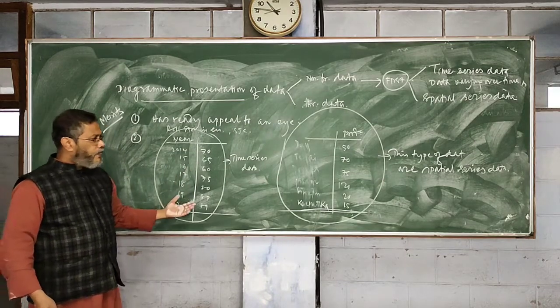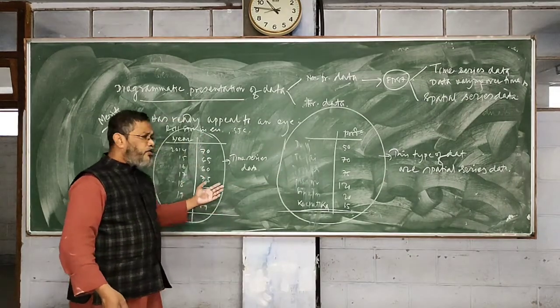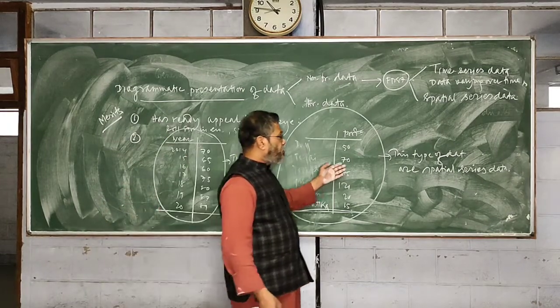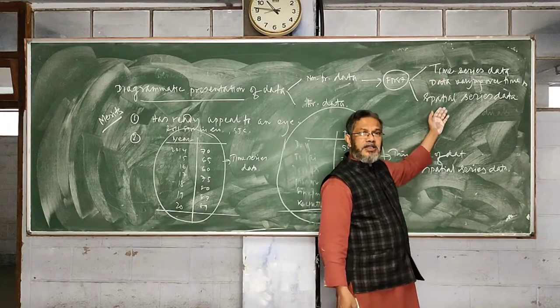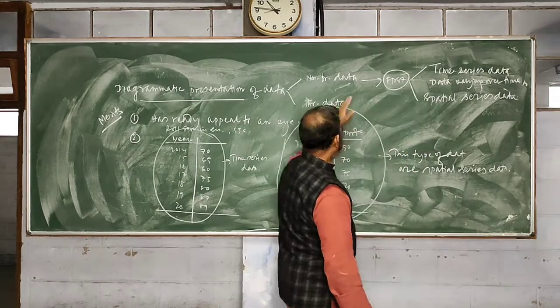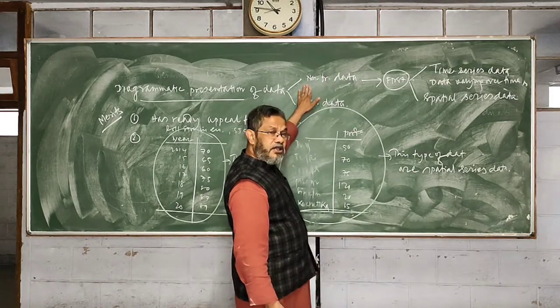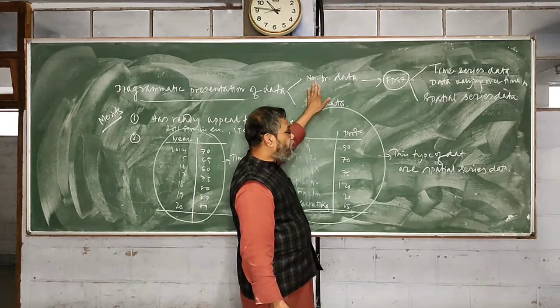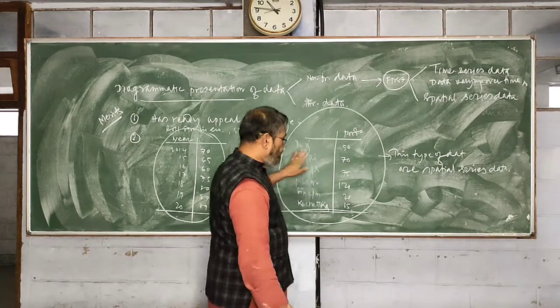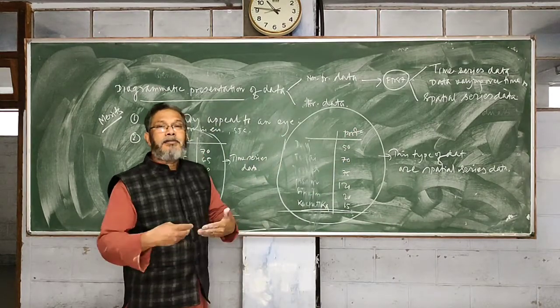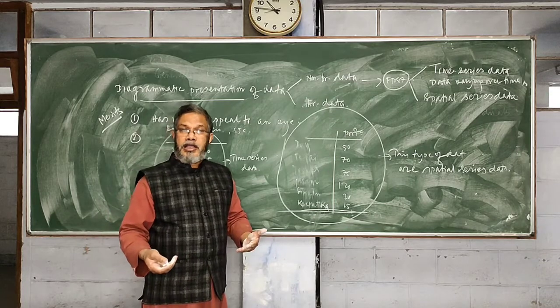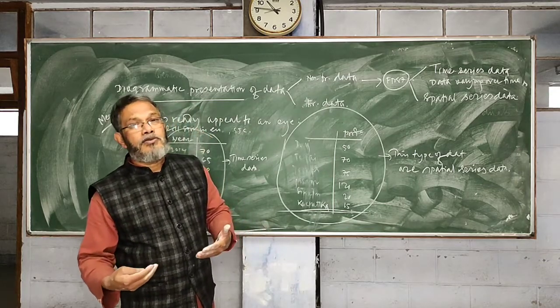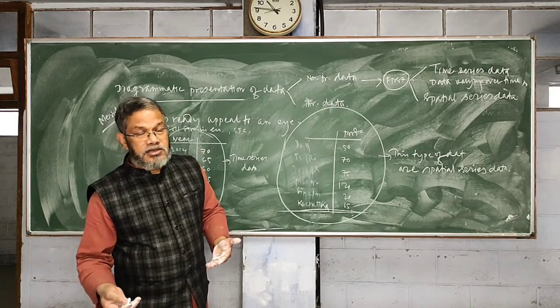Such data together, time series and spatial series, constitute non-frequency data. And when we present such data in diagram has a ready appeal to the eye. They are very, very attractive to the lay person, ordinary persons.